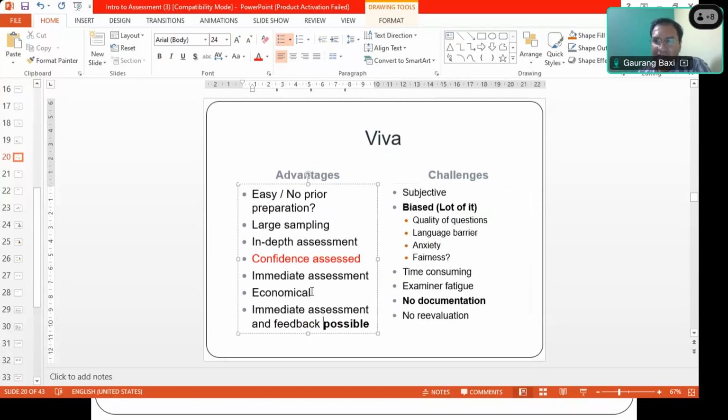Otherwise, for the entire middle lot, there are a lot of challenges which exist in the system. And ultimately, what are we assessing? We are still assessing only the cognitive domain again.